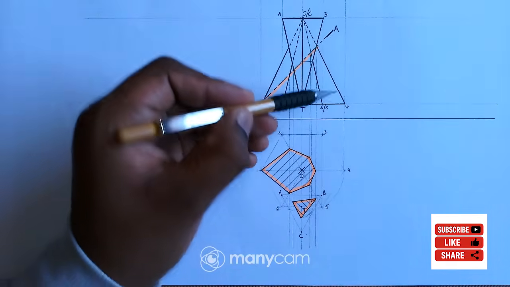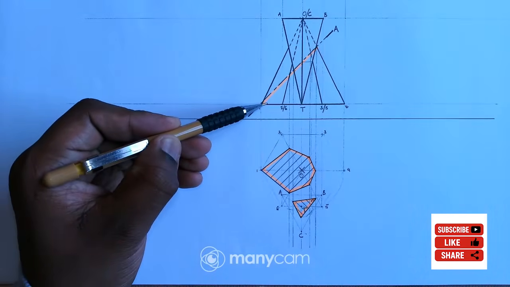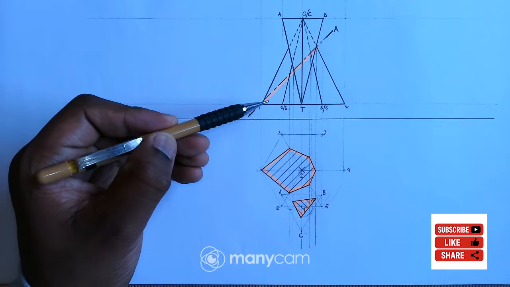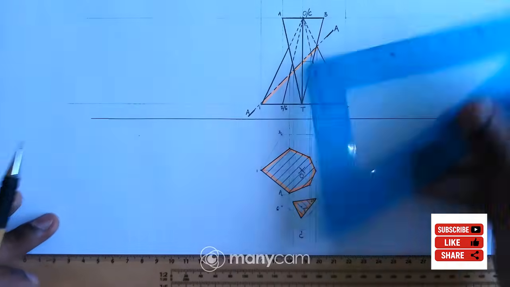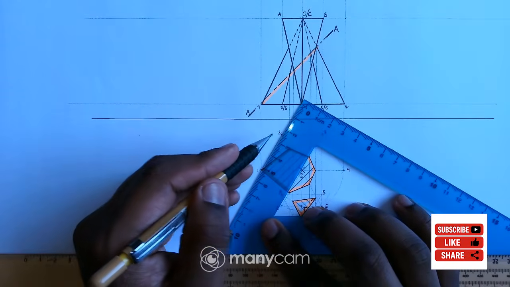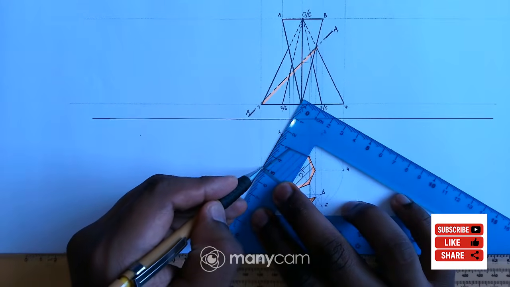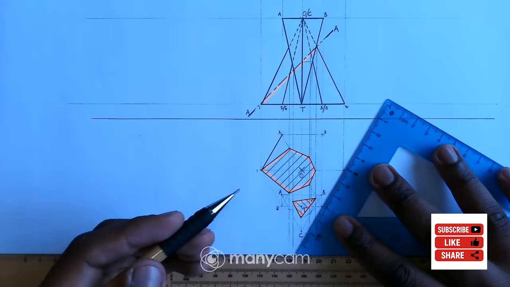So all those points from the base, they're still there. So I can just draw in those lines. So I'll start with that line there. Draw in that line there.